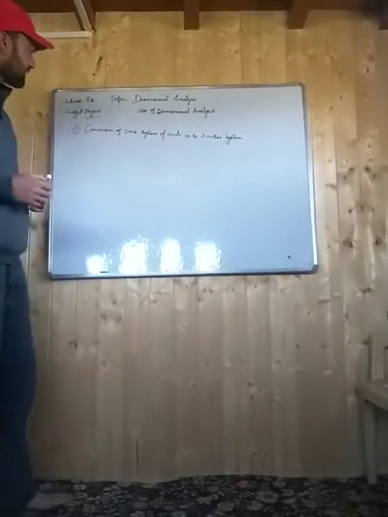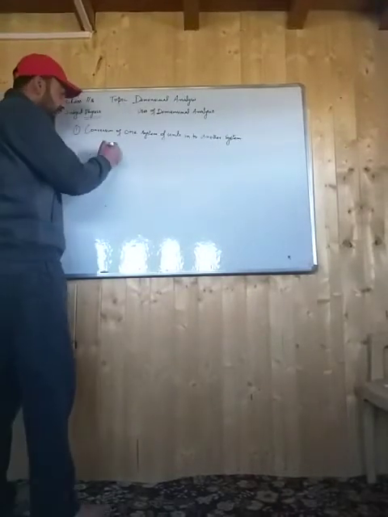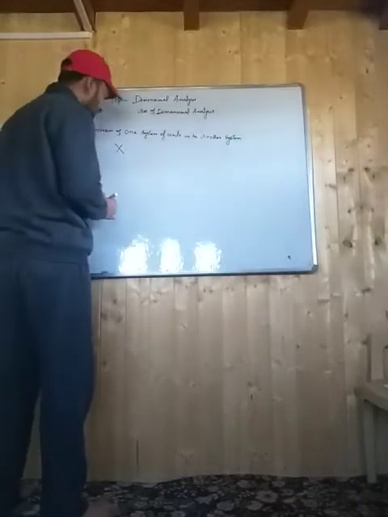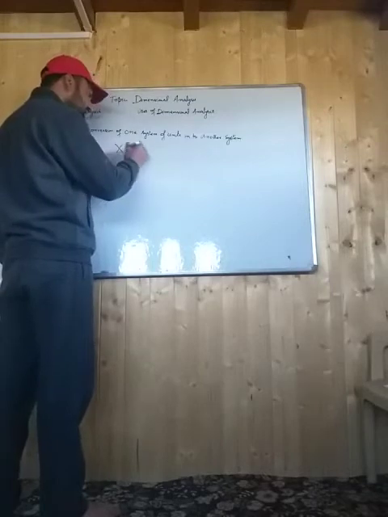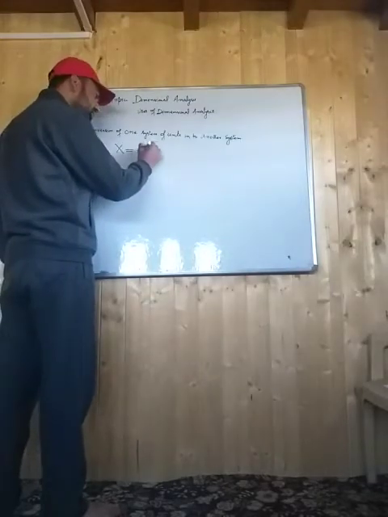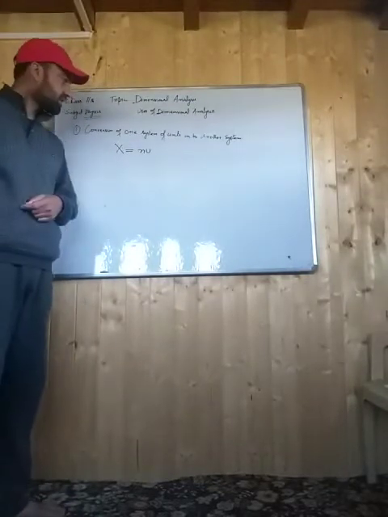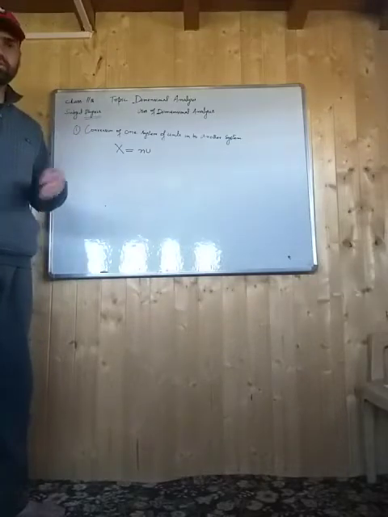So we know that a physical quantity can be written in this way. Suppose the physical quantity is x. Then x is equal to n u, where x represents a physical quantity such as mass, length, time, force, anything.